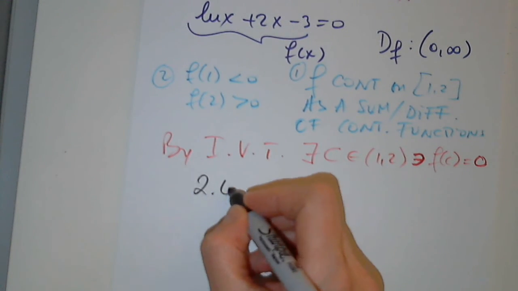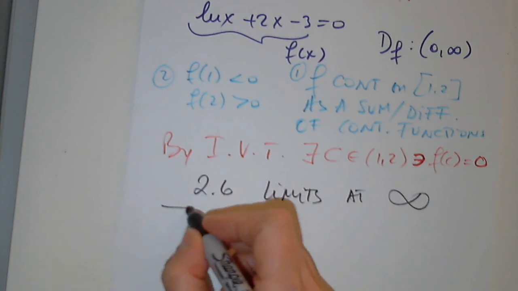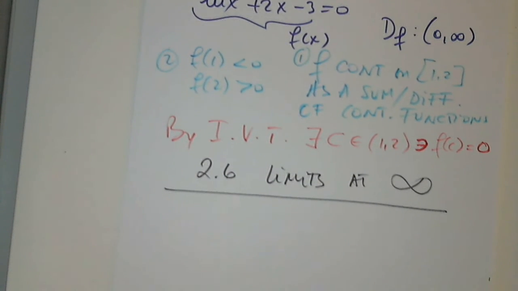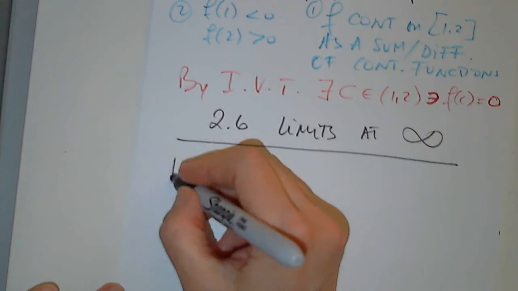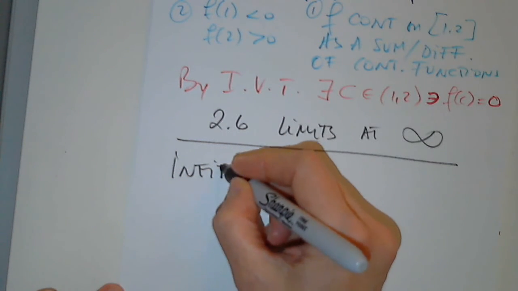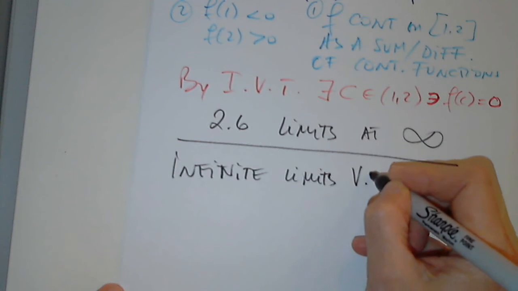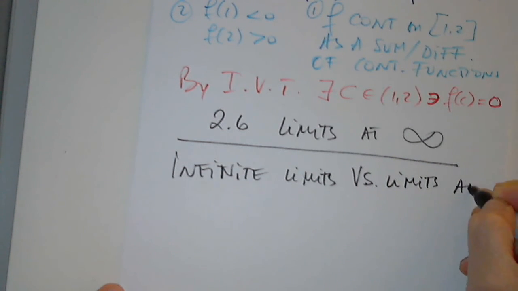So 2.6, limits at infinity. Let's make first of all the distinction between infinite limits and limits at infinity.